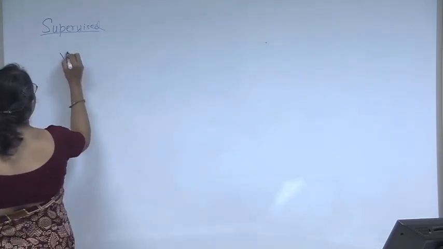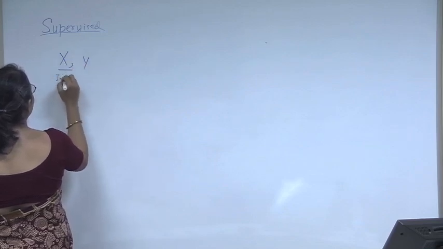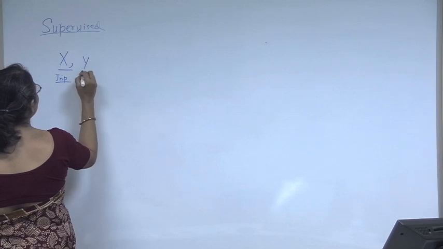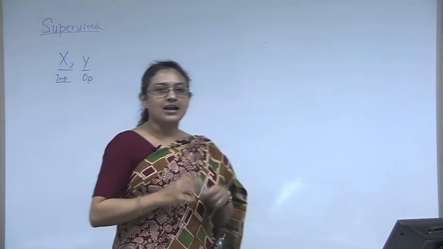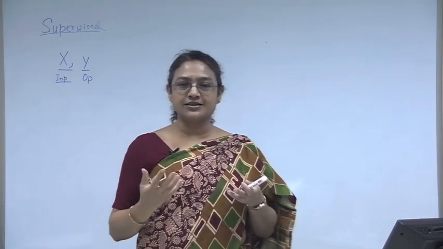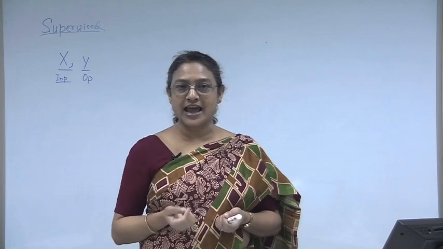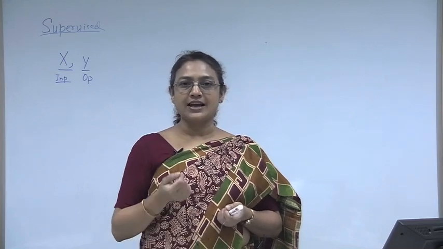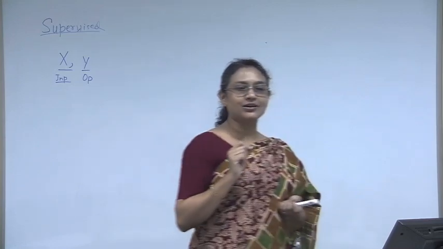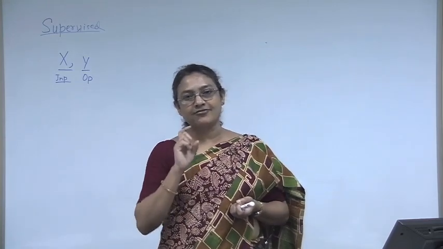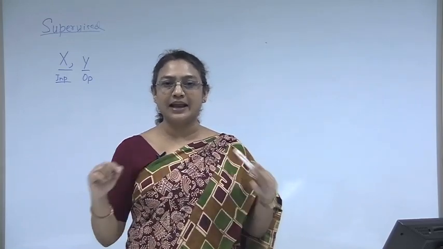So, for every data instance we can have the input x and the corresponding output y, and from this the machine learning system will build a model so that given a new observation x, it will try to find out what is the corresponding y. So, this is called supervised learning because for every instance we tell what is the output. So, this is called labeled data.